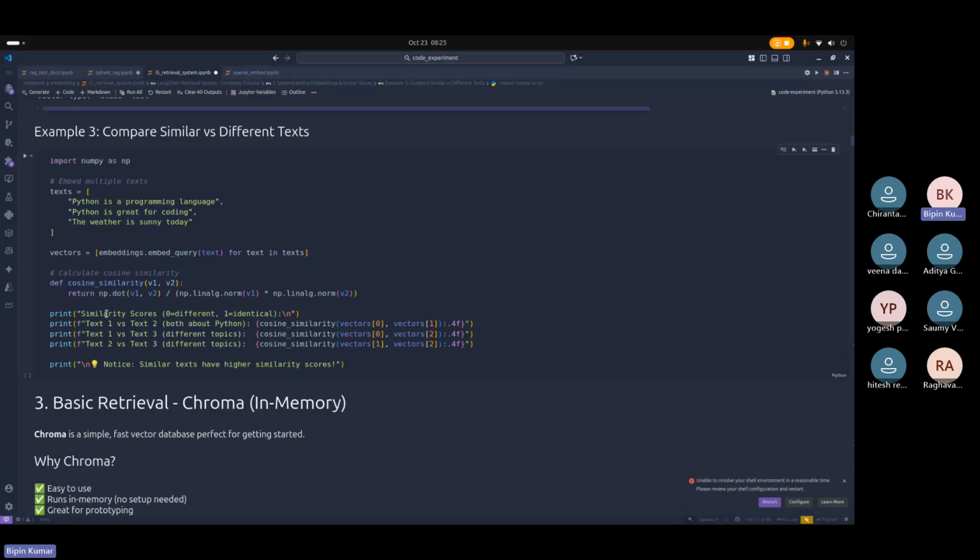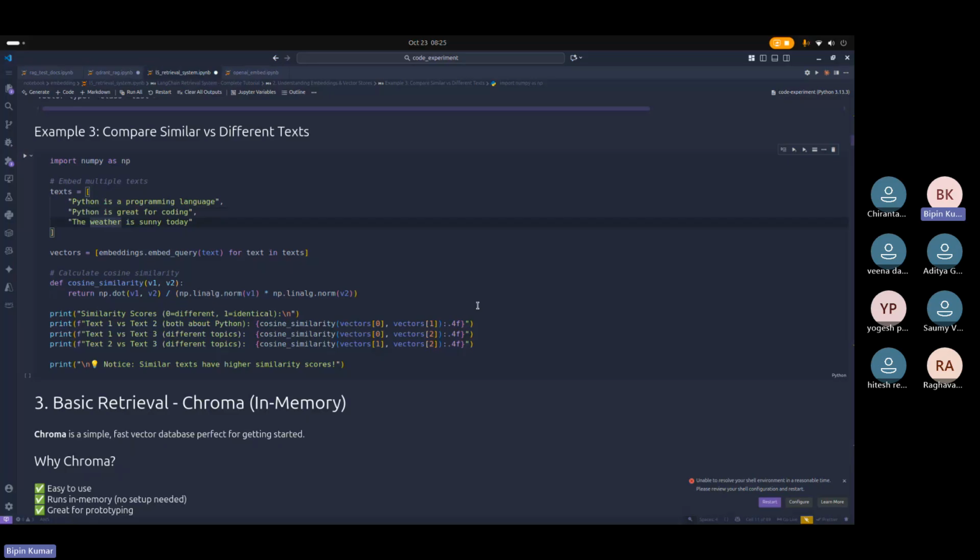First I calculate the cosine similarity between Python is a programming language and Python is great for coding, so vector 0 and vector 1. Then vector 0 and vector 2, and then the second one and the third one.